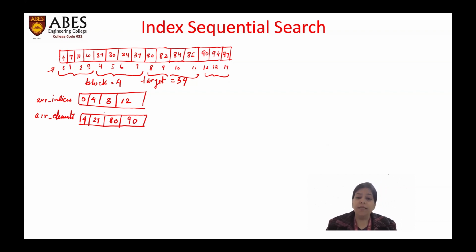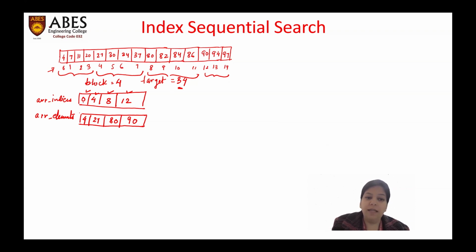Now, how is this index sequential search going to work? First of all, we have to search for this 34. We have to compare this target value 34 only with the values which are stored at the indexes stored in the indices array. So first of all, we are going to compare this 34 with the value which is stored at index 0.